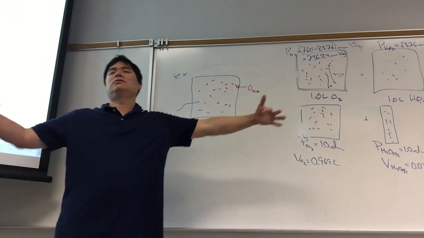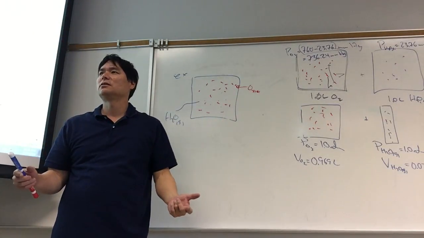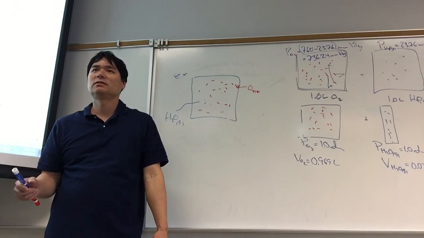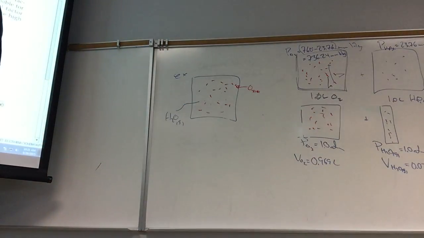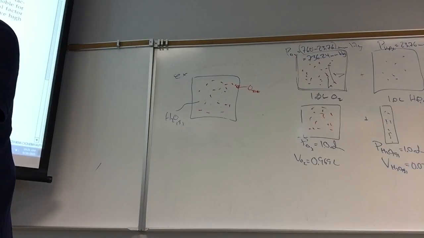But hopefully the container is so huge that 18 milliliters is negligible compared to the overall volume of the container. Now, is the volume of the container always so huge? No. And so is that assumption always so good? No. The assumption goes bad at some point.